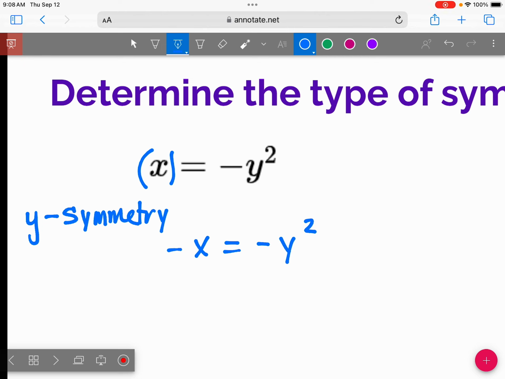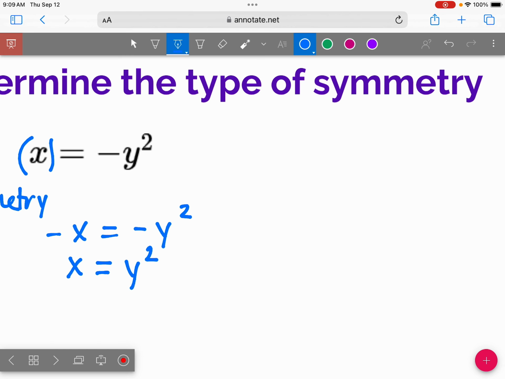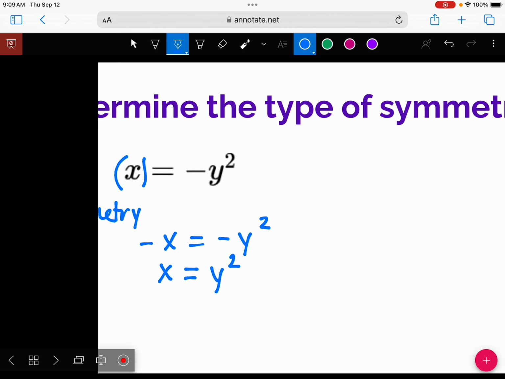And then we're going to try and simplify it back to be what it was at the top. In this case, it's an x equals. So what would we do to get this back to be an x equals? Multiply by negative 1. That will give me x equals y squared. Is this exactly the same as our original equation? No. So this does not have y-axis symmetry.